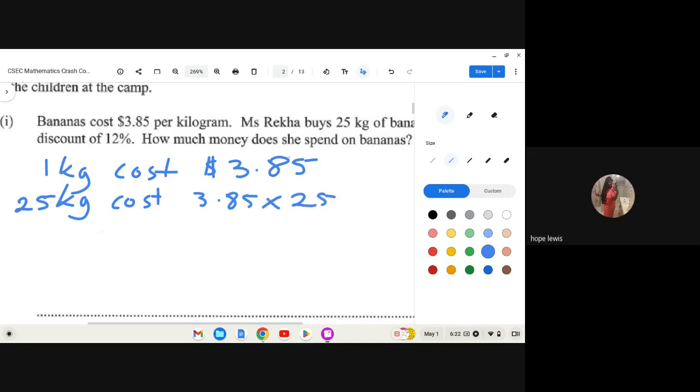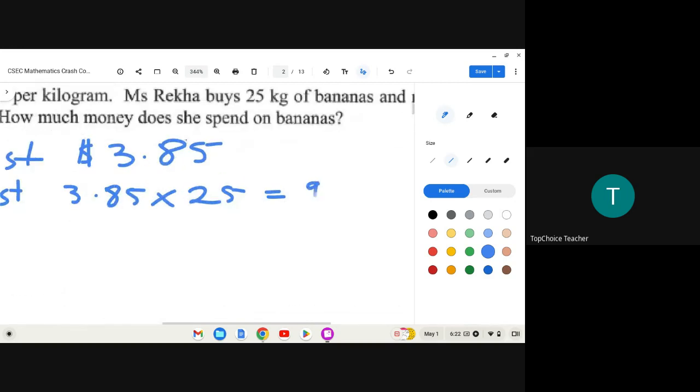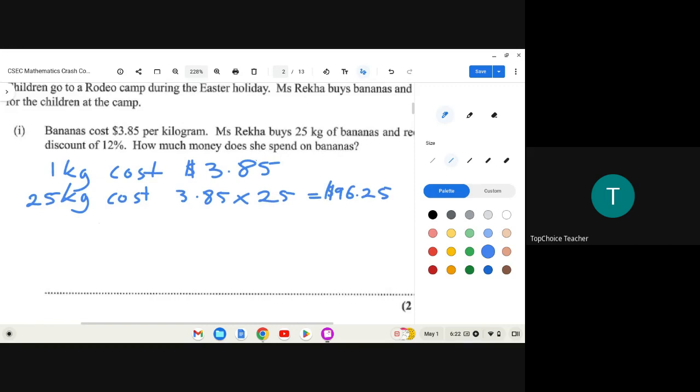You'll get $96 and 25 cents. So this would be equal to 96.25. Thank you for the working. All we're doing is, because we know for 1, we just multiply it by 25 kilograms to get the cost of 25 kilograms. Now, that's not the end of the question.